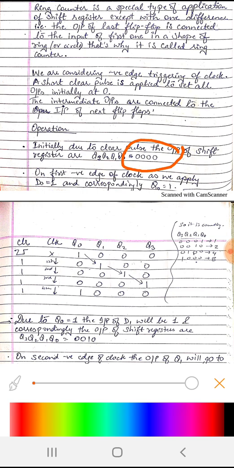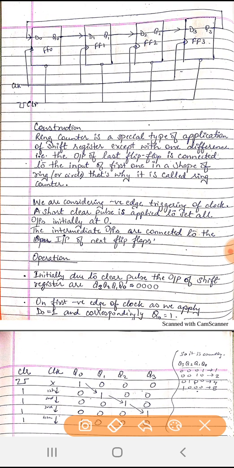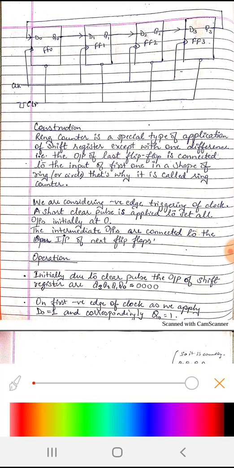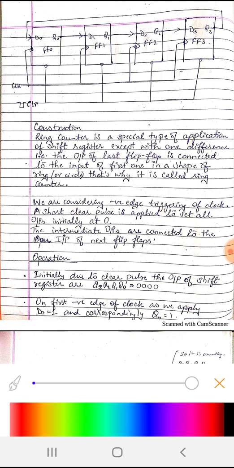So if I apply 1, it will get stored in the first flip-flop, and all the other ones are 0, so it becomes 1 0 0 0. So Q0 has become 1, others are 0, 0 and 0.